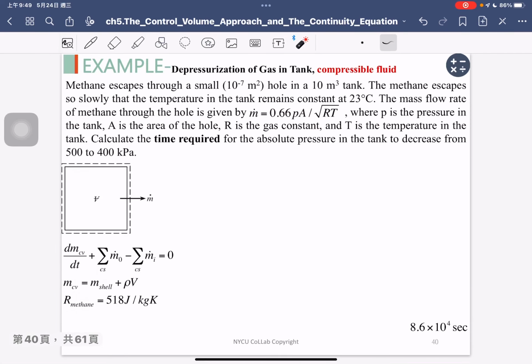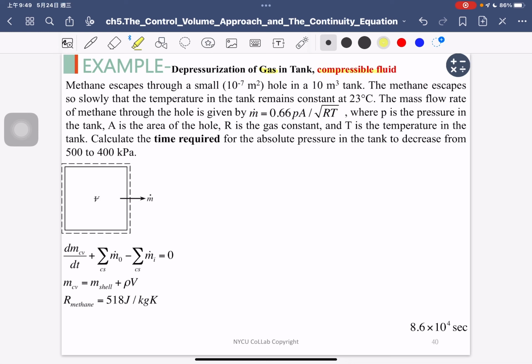And the second exercise is also very important, but right now we change the fluid topic to gas. And we know that gas can be compressible.